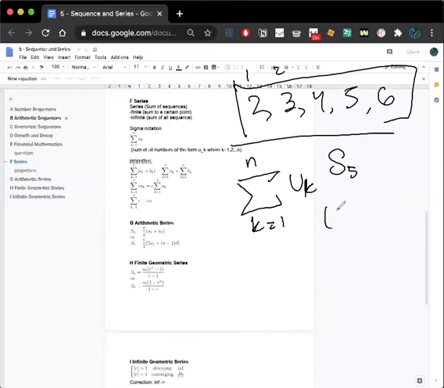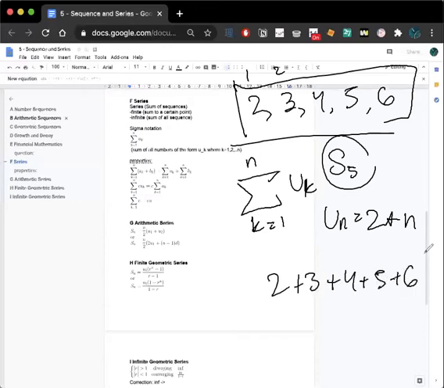And if we try to look for the formula of the sequence, that would be around 2 plus n. The long way of doing it would be to add 2 plus 3 plus 4 plus 5 plus 6. And if we have a long chain of them, this would be very tedious to write in general.